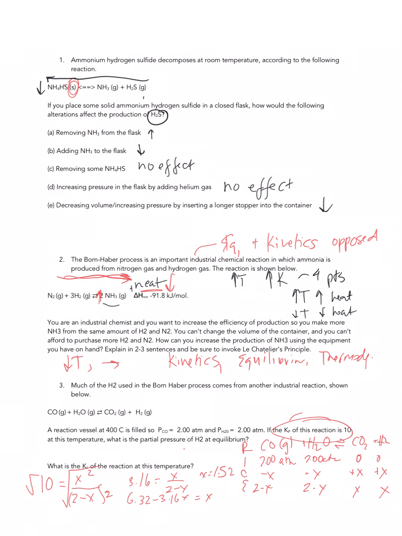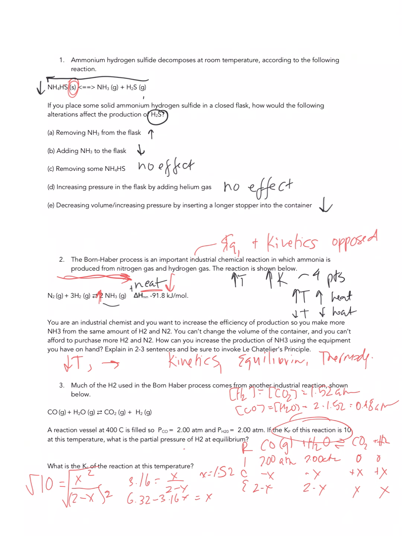So at equilibrium, H2 is equal to CO2, which is equal to 1.52 ATM, and CO is going to be equal to H2O, which is equal to 2 minus 1.52, which is equal to 0.48 ATM.